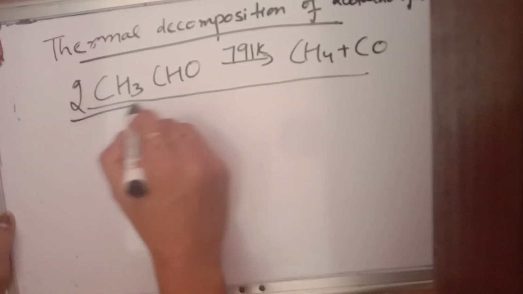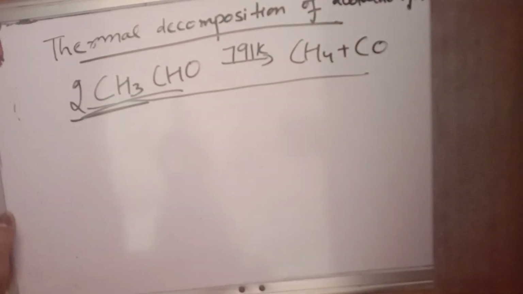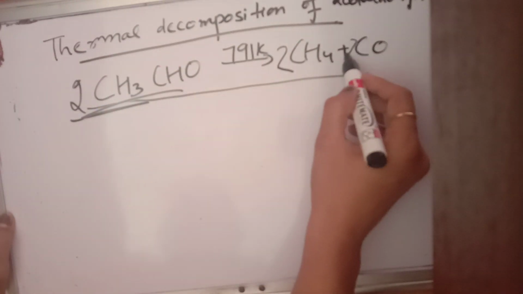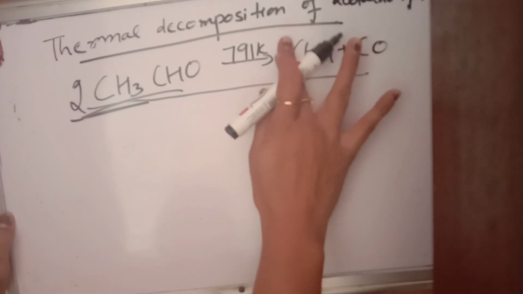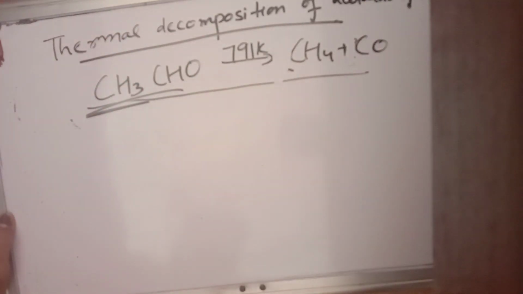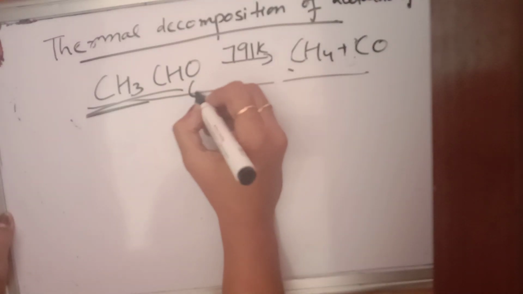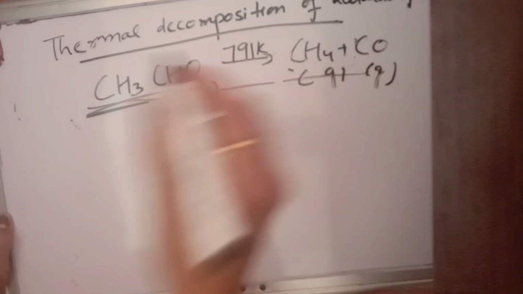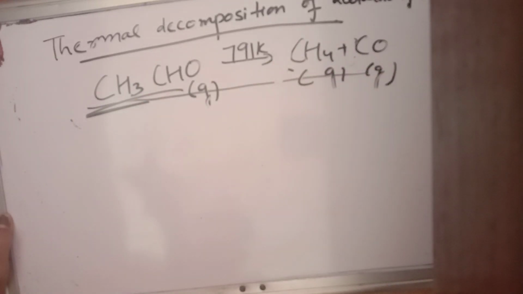So we can say that two molecules of acetaldehyde will simultaneously decompose to give two molecules of methane and two molecules of CO. So this is my balanced chemical equation. Now all of these three are gases in nature. My reactant as well as my products are gases.